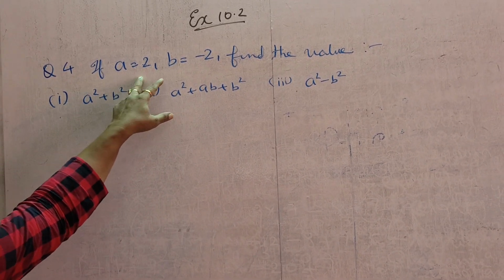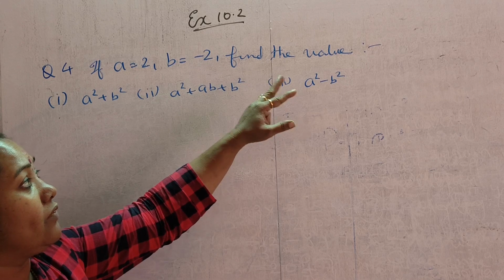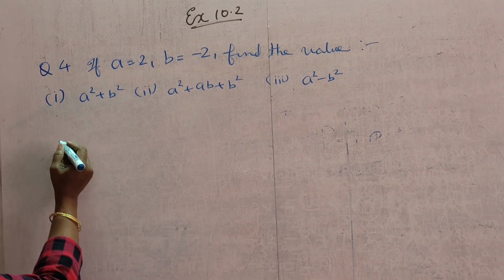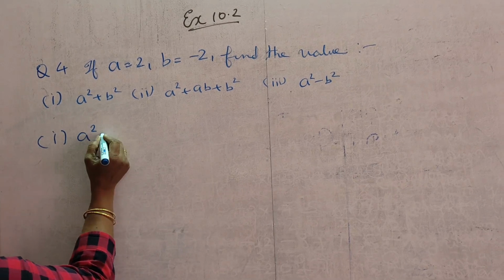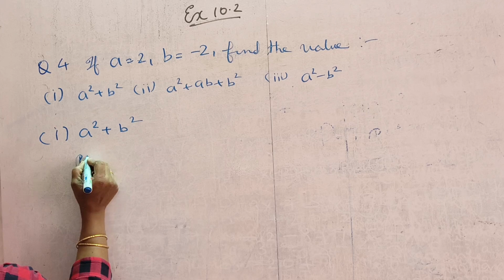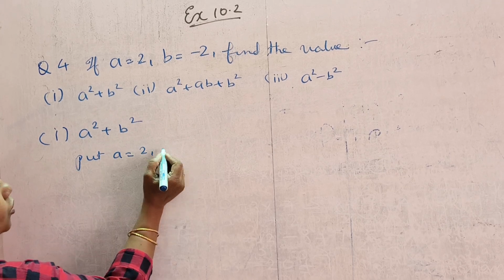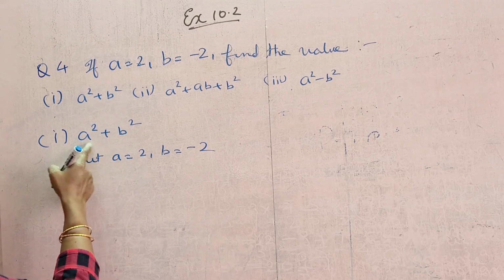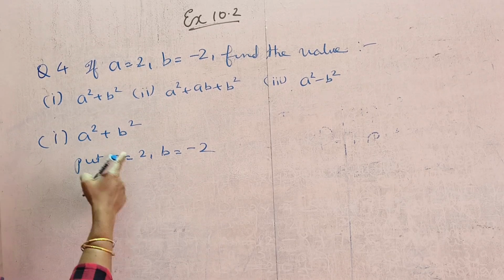If a equals 2 and b equals minus 2, find the value of a squared plus b squared. So first question is a squared plus b squared. We have the value, put a is equal to 2 and b is equal to minus 2. So for a we will put 2.